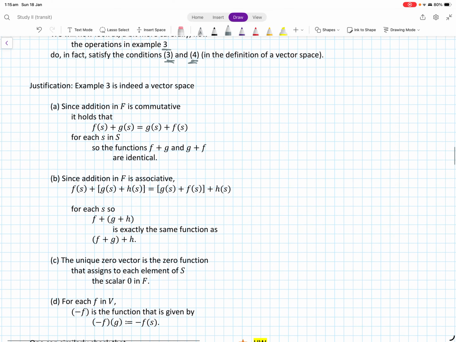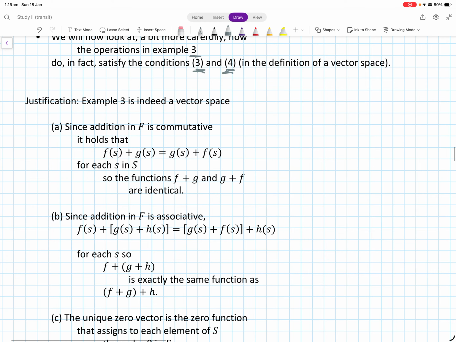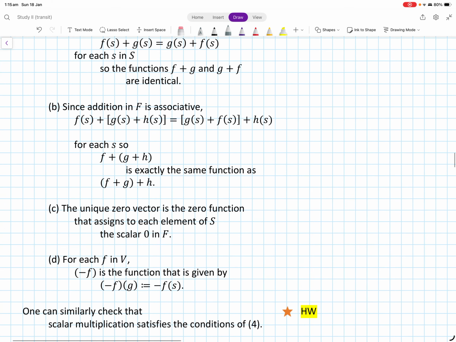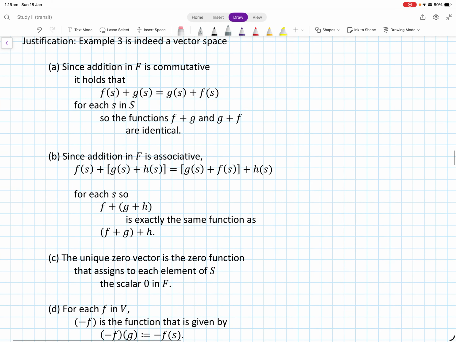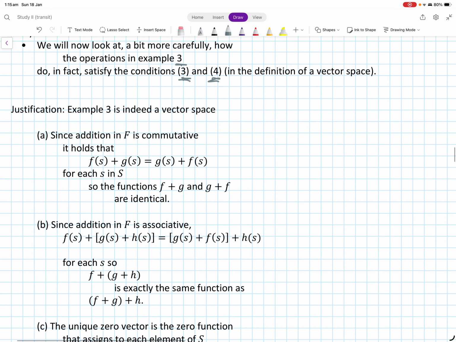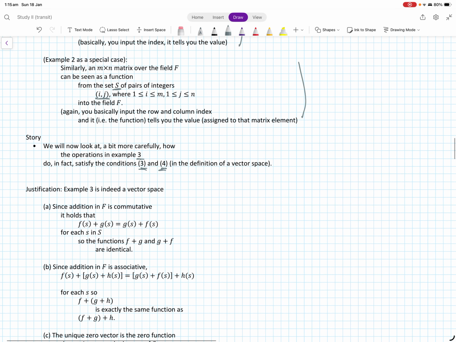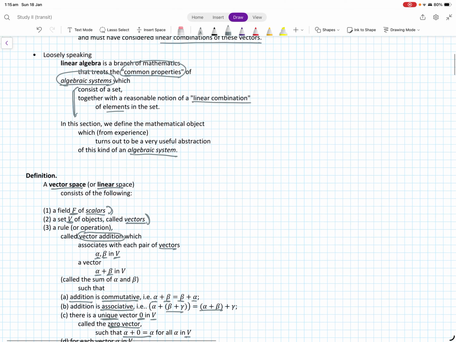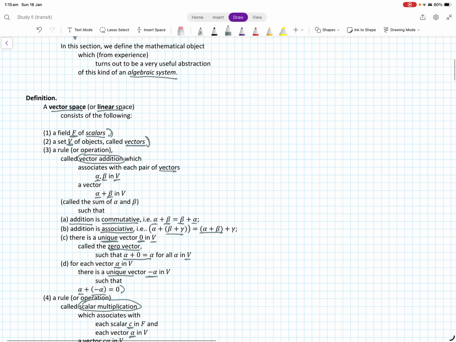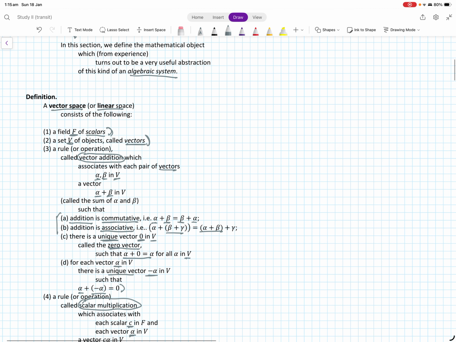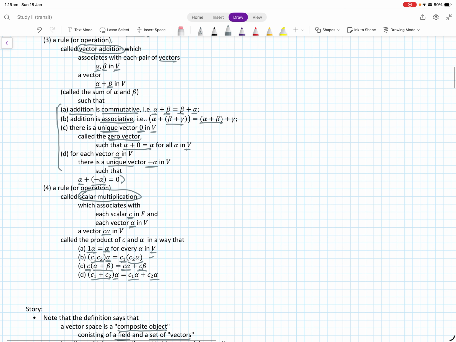So let's start with the condition on addition, which I think is what is being tested. We're going to check a few properties, okay? I'm not sure if it's testing all the properties. Let's just quickly see. So it's testing the properties for the vector addition, A, B, C. I think it's not doing the scalar multiplication part, or at least so I think.